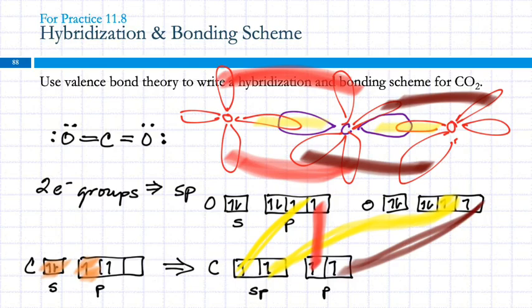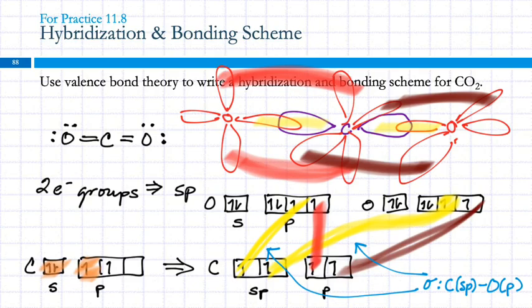Let's label the bonds. What kind of bond? A sigma between carbon, which orbital on carbon? sp. And the other atom? Oxygen, p. Carbon, sp, overlapping with oxygen's p orbital. That's both of these sigma bonds.